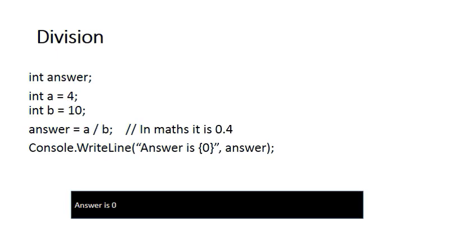So just further revision, if I say A divided by B, 4 divided by 10, in maths the answer is 0.4. In C#, it throws away the 0.4 and your answer is now 0. Notice what I've done here, which is something that could confuse you. I've made the answer variable a double, so that means the answer variable can now take decimals or fractions. I know that 10 divided by 4 is 2.5 in mathematics.